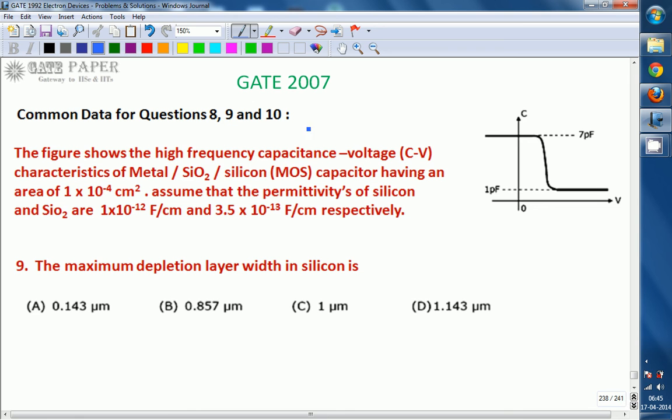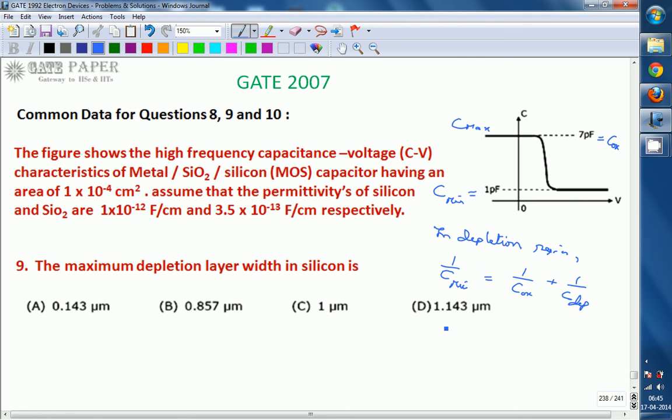This is C minimum, 1 picofarad is given, and this is COX, which is also treated as C maximum. In the depletion region, we can write 1 by C minimum is equal to 1 by COX plus 1 by C depletion.